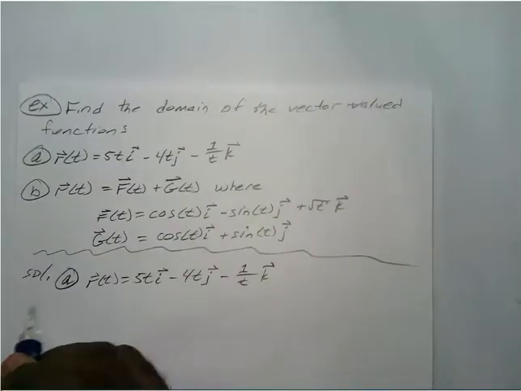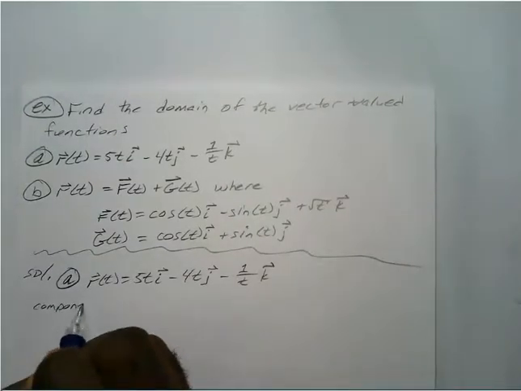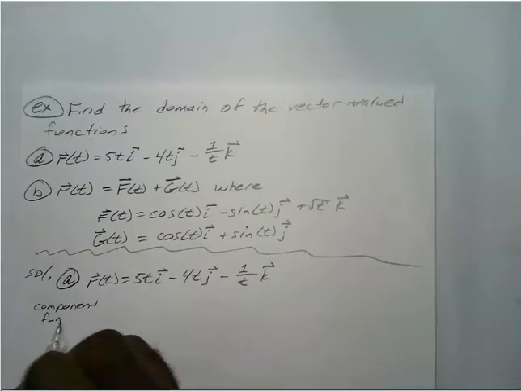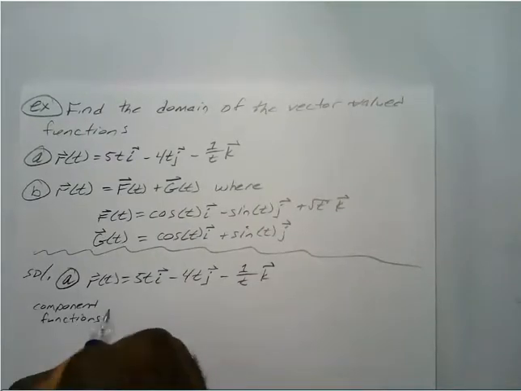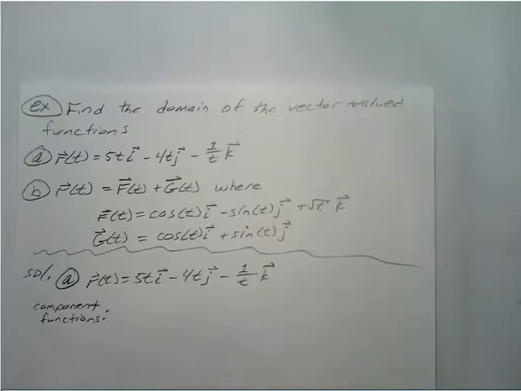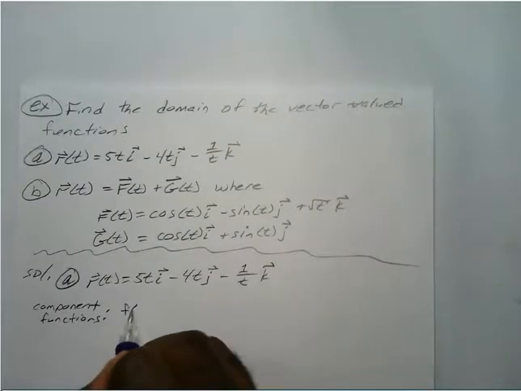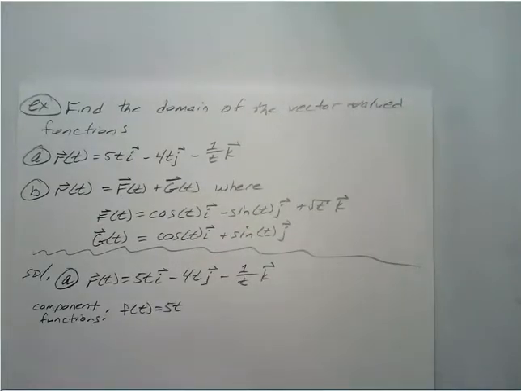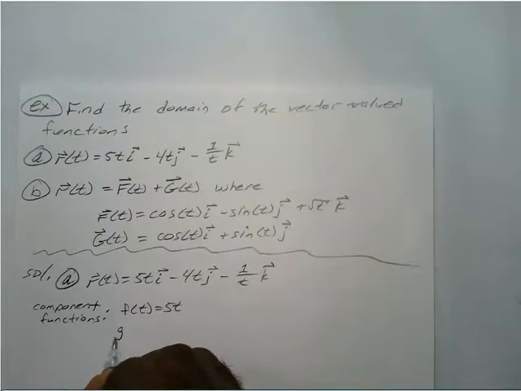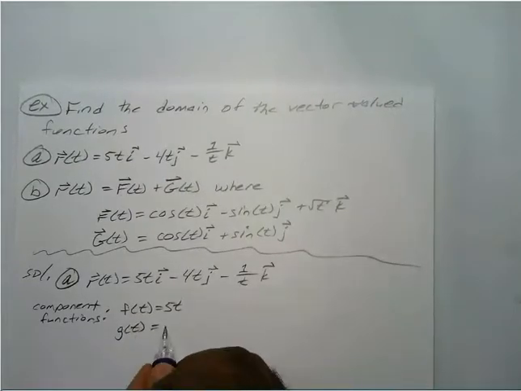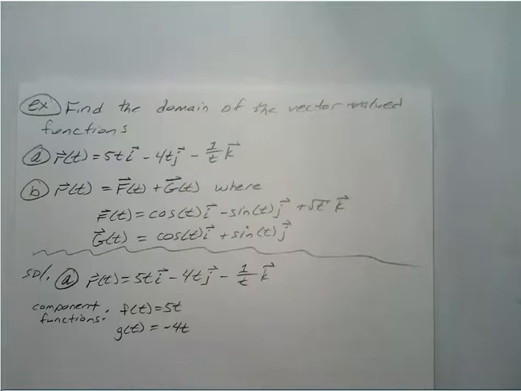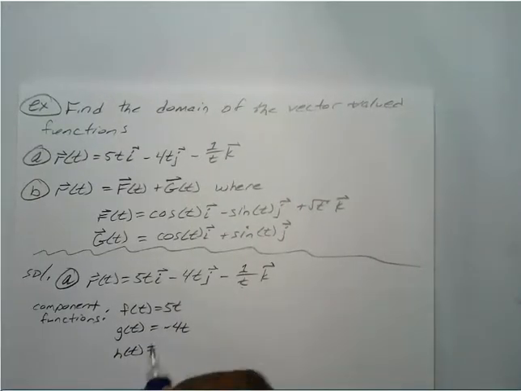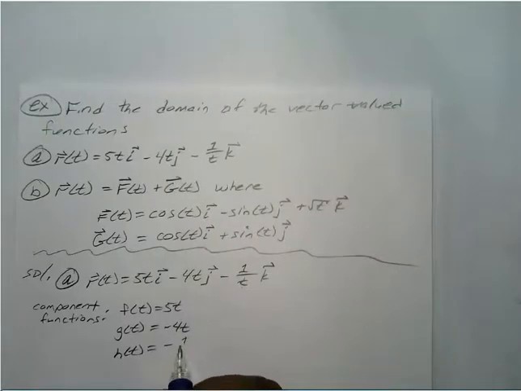Now your component functions, which you don't have to write down, but it helps with your terminology to jot little things like this down. Your f of t is equal to 5t. Your g of t is equal to negative 4t. And your h of t equals negative 1 over t.